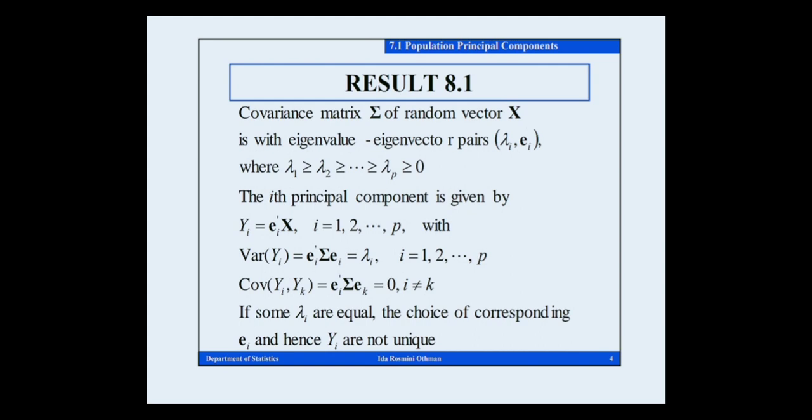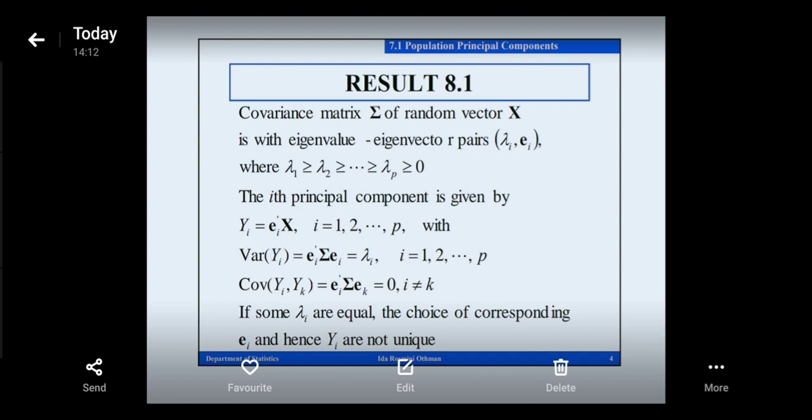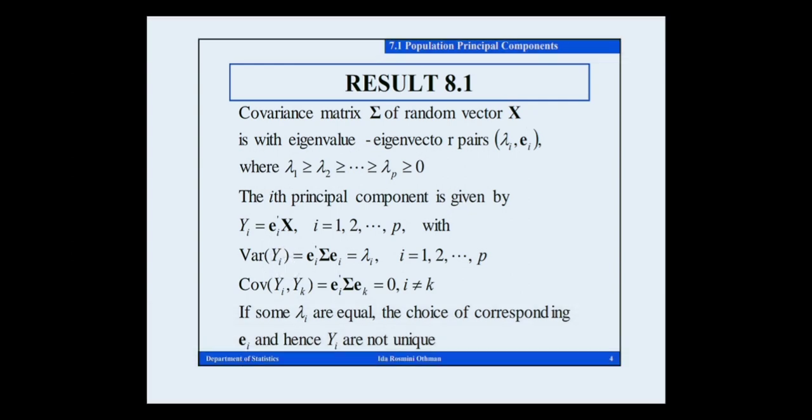So we can find the variance of the linear combination YI ataupun the variance of the principal component YI by you multiply the variance covariance: variance of yi equal to eigenvector I transpose multiply variance covariance matrix X, okay, multiply EI, okay, and it is actually equal to lambda I.